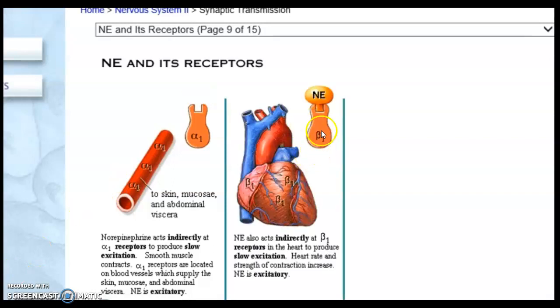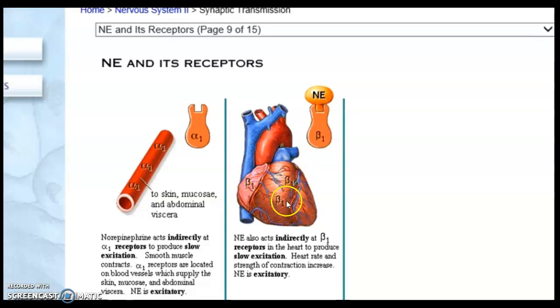Now I have beta 1 receptors in the heart, and when norepinephrine gets to the heart, that's going to be excitatory, and it's slow excitatory. Notice none of these are direct, all these are indirect, meaning that they do have a sequence of events before they open the ion channels. But as far as the effect, this is going to be excitatory, which is going to literally cause the heart to beat faster.